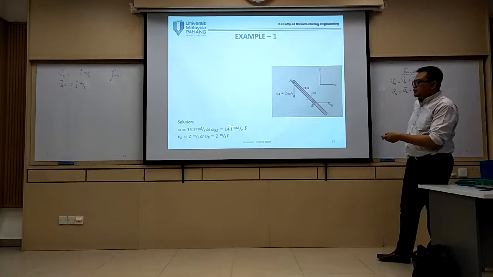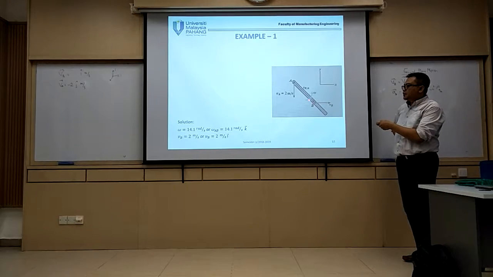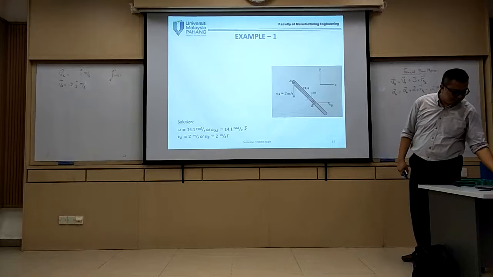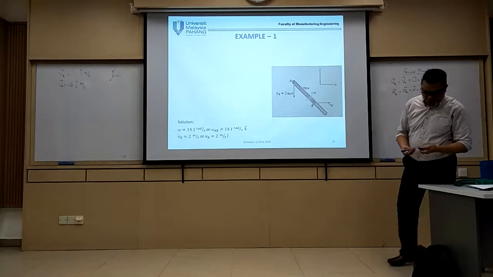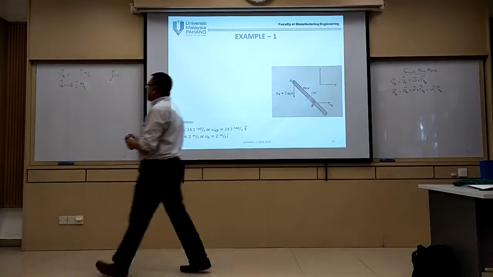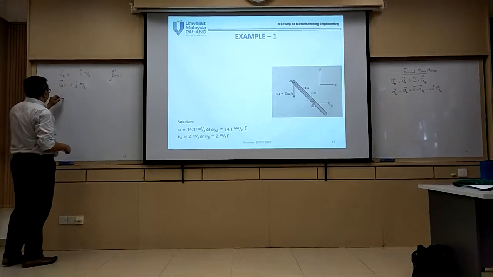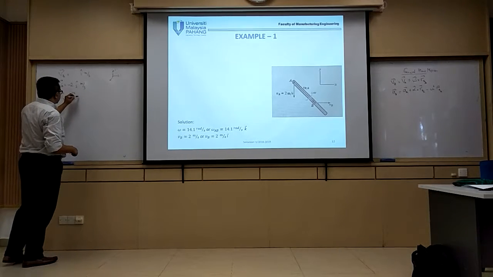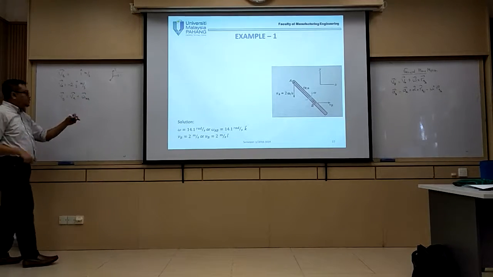So this is the solution, because we don't know omega. We only know VA. So then we use that equation to solve: VB equals VA plus omega AB cross r, the rigid body AB.